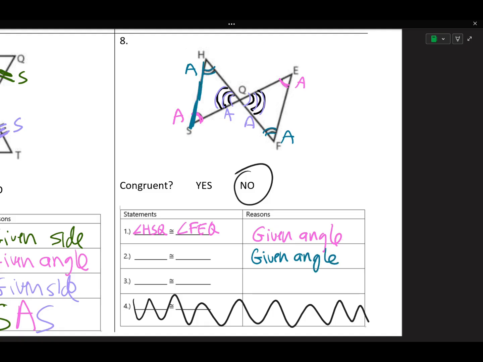I have SHQ on the left and EFQ on the right. And then finally, let's do those triple arched angles. On the left, I'm going to say HQS. And on the right, let's do FQE.